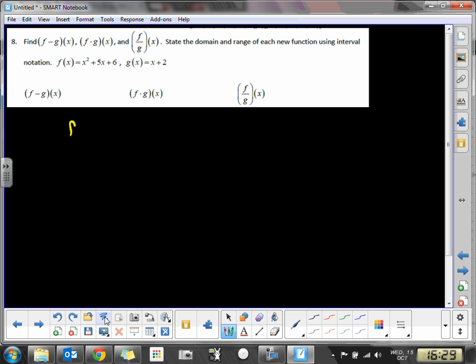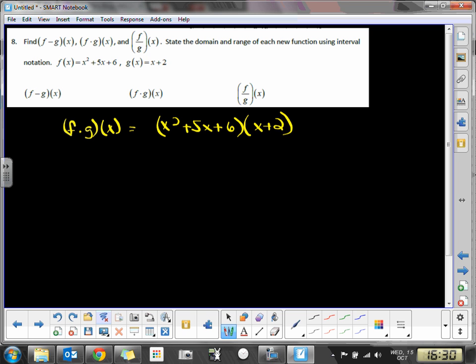Now we're going to find f times g of x, which means I'm going to take function f, which is x squared plus 5x plus 6, and multiply it times x plus 2. Multiplication implies that we're going to have to distribute, and we're going to have to use the distributive property multiple times.